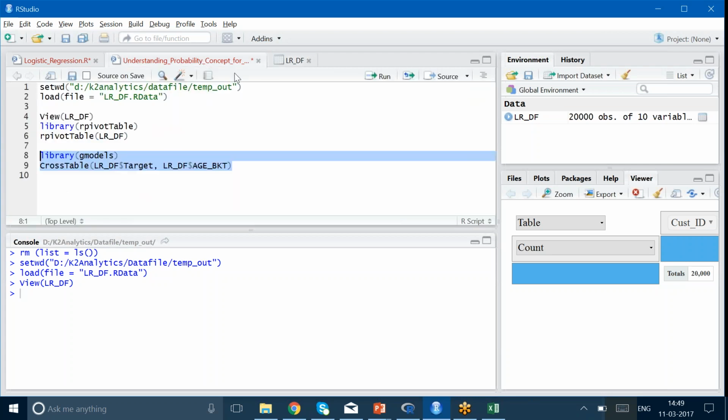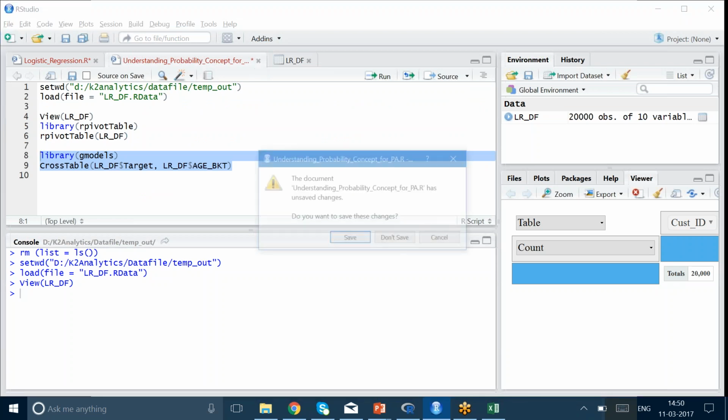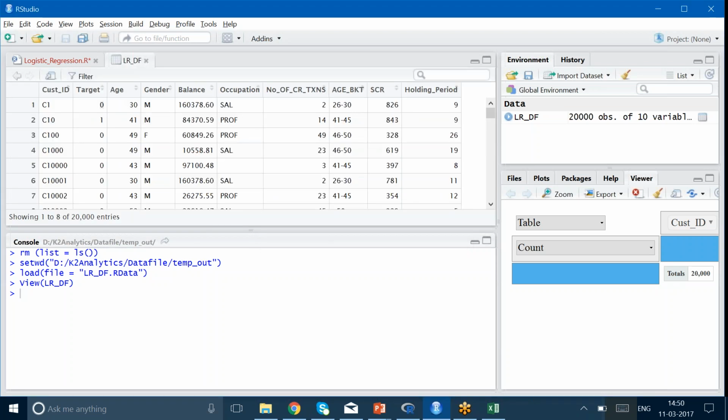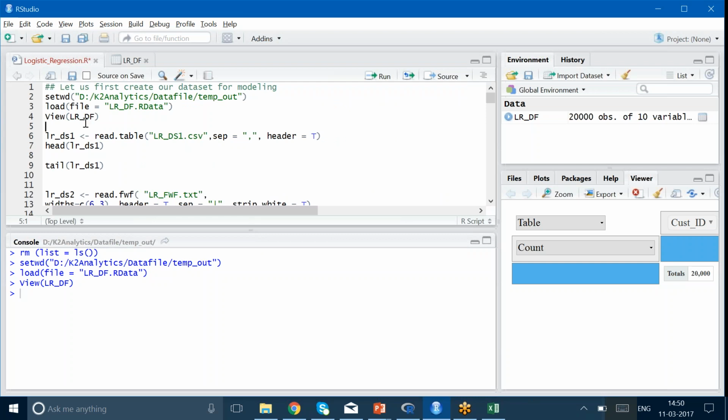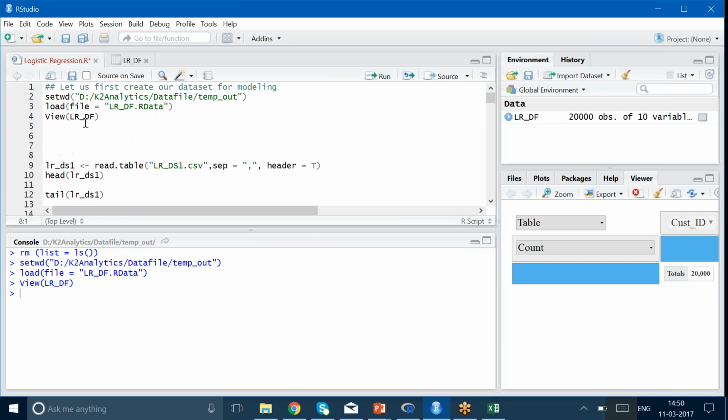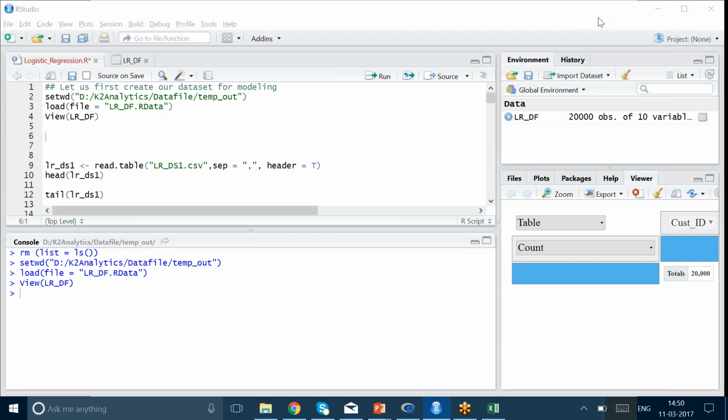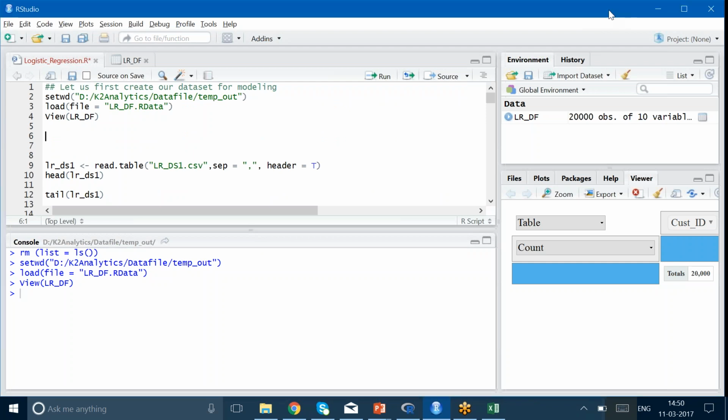Before I go into more detail about this, let us understand some of the business part of this. Assume you have to sell personal loans to your customers. You are working in a bank and you wish to sell personal loans to customers.